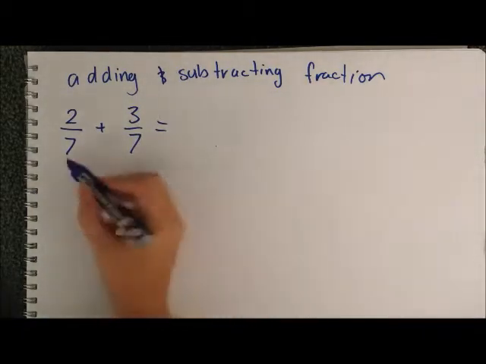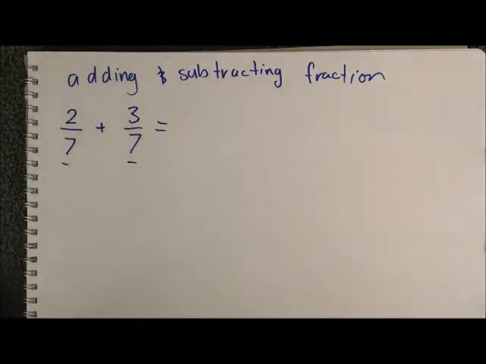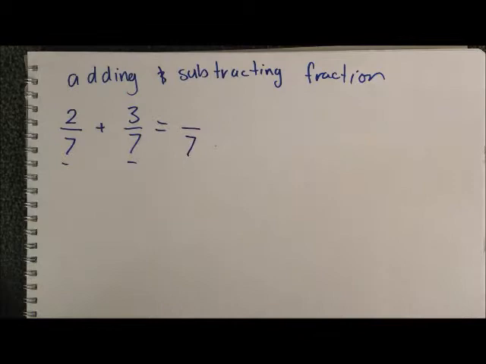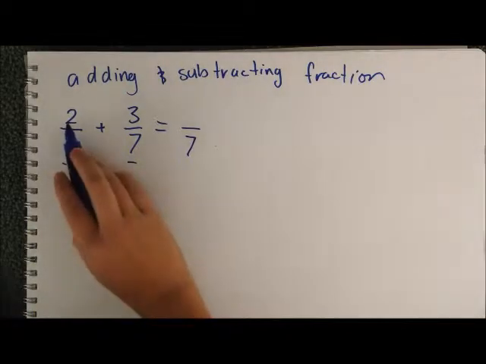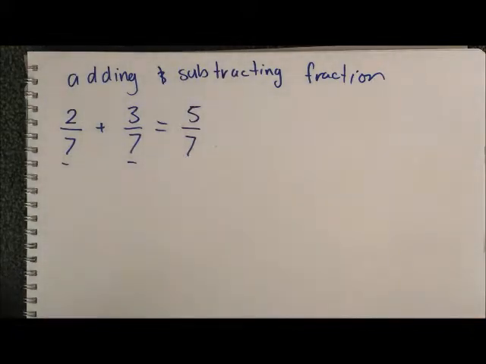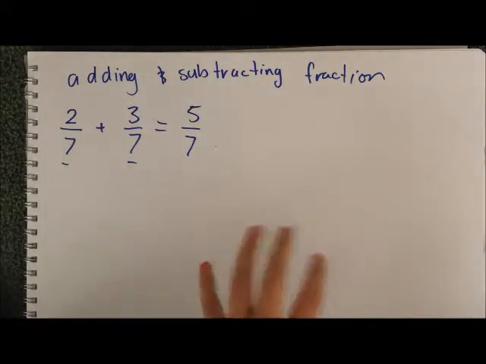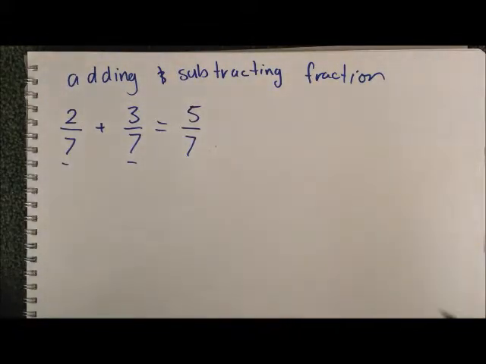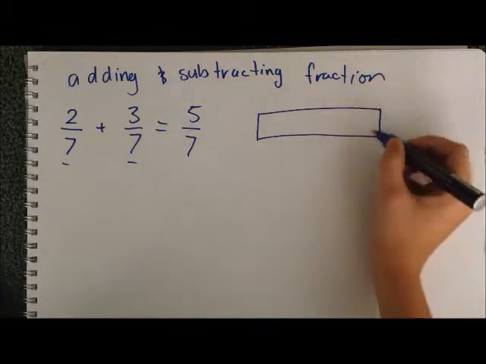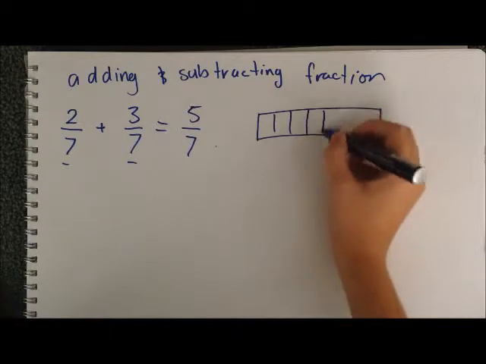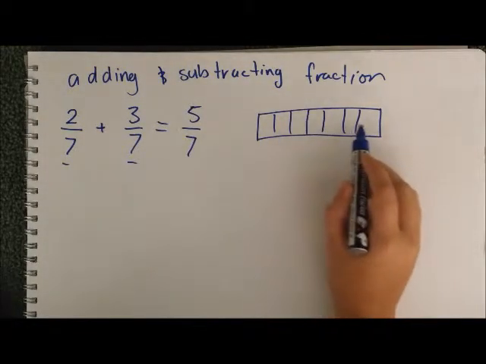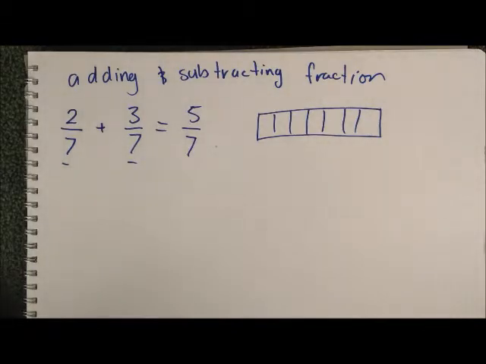Easy enough, the denominators are the same, so it'll be something over 7, so we go 2 plus 3, 5. I'll draw this up because it is a bit easier to learn when you visualize it. Say you've got a bar of chocolate with 1, 2, 3, 4, 5, 6, 7 bars in it.